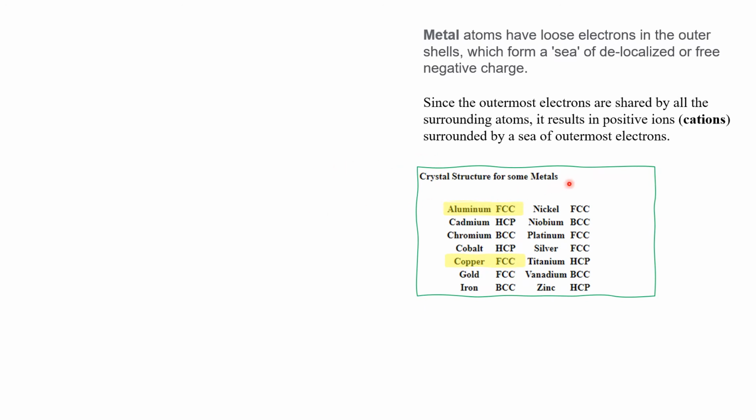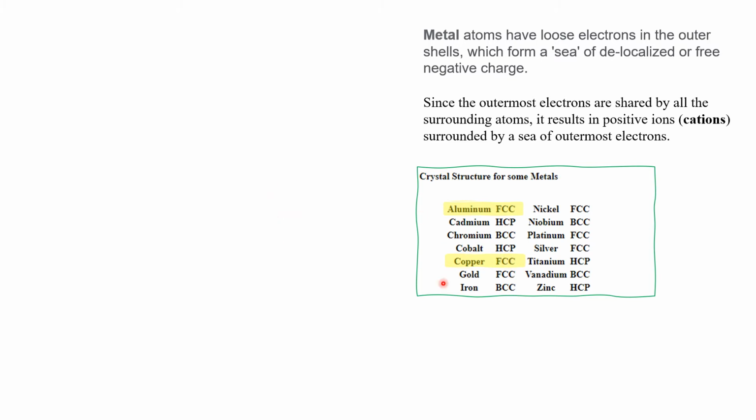Most of the metals have either FCC structure or BCC structure or HCP. FCC stands for face center cubic structure, as we know, and BCC stands for body center cubic structure. Aluminum and copper both are FCC structure.